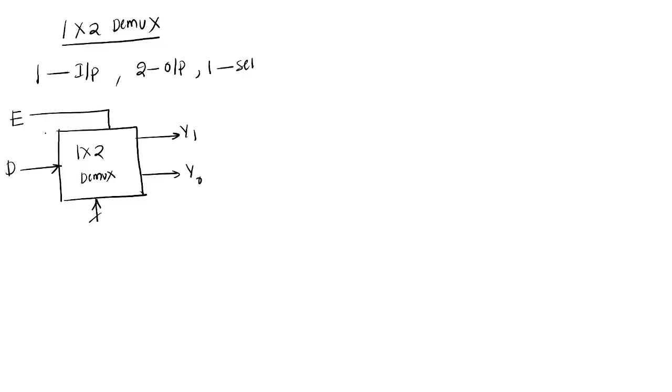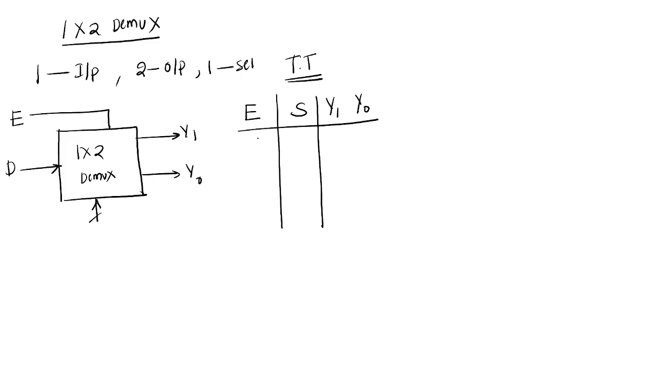So I can draw the truth table for this. Enable, selection line, and next y1 and y naught. When enable equals 0, the selection line can be anything, and the output is 0.